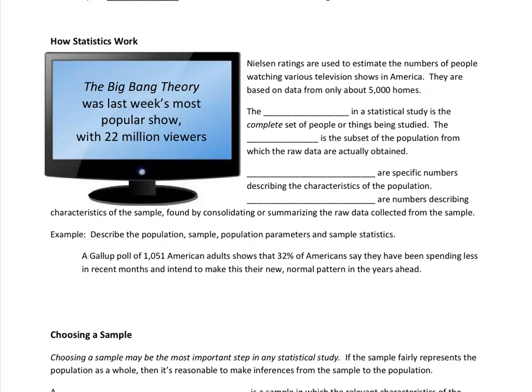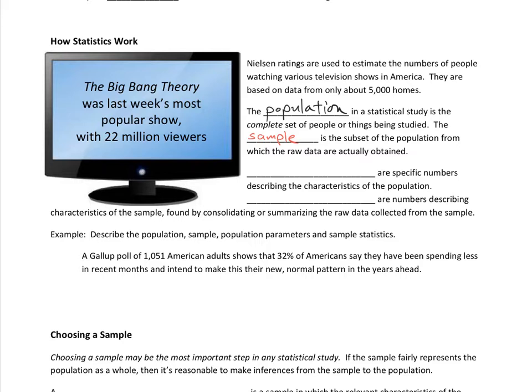In order to understand statistics fully, what they are and how they work, we need to understand the vocabulary that comes along with it. The population in a statistical study is the complete set of people or things being studied. The sample is the subset of the population from which the raw data are actually obtained.